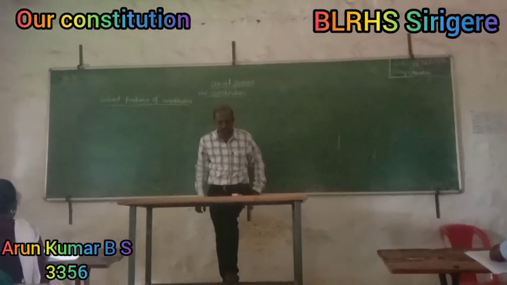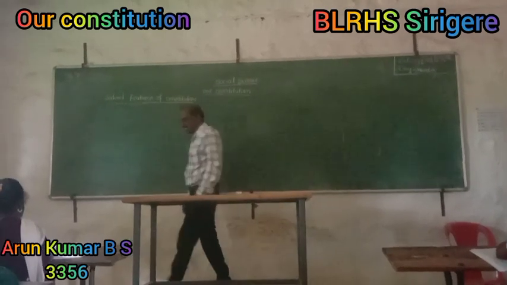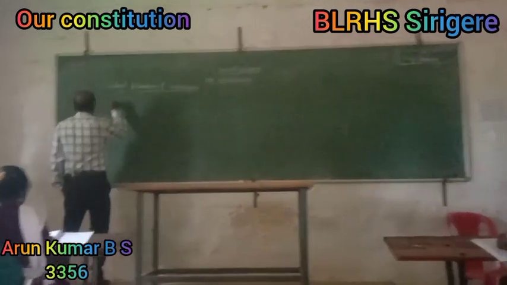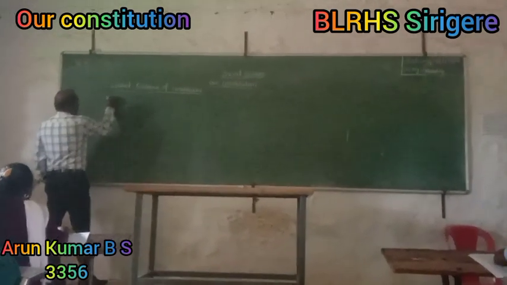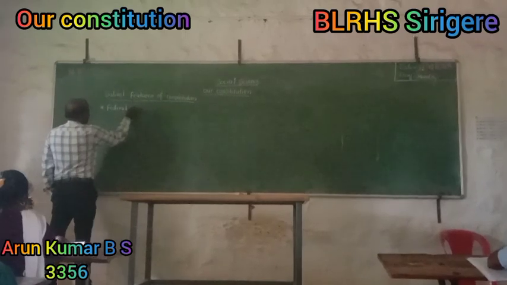So let's see the fifth salient feature of the Constitution, which is the federal system.